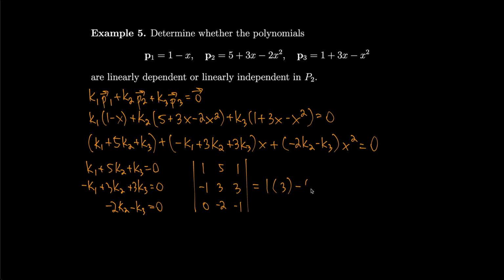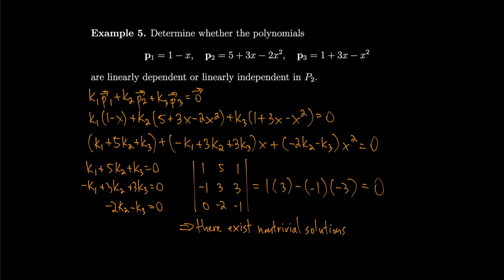So I'll just take minus 1 times, let's see, this determinant. So that'll be minus 3, and then 0 times the last one, so I don't need it. And notice that equals 0. So it's kind of faster if you suspect linear dependence to just take a determinant, because then you could just cite that theorem again. This implies that there exist non-trivial solutions.